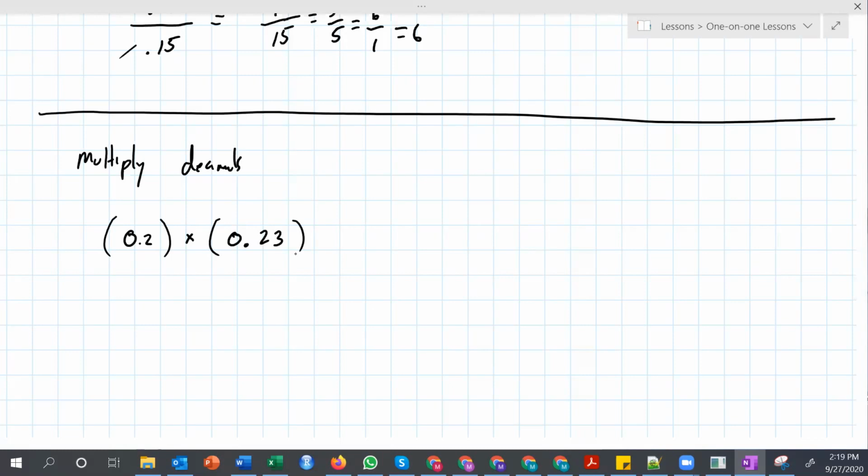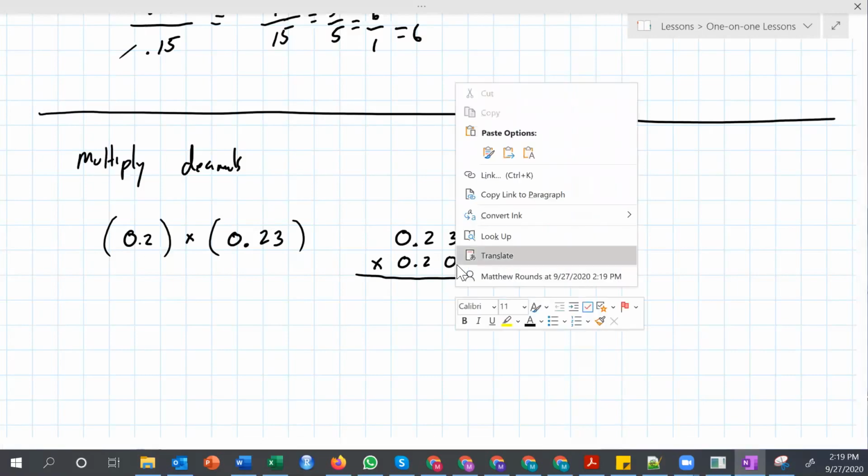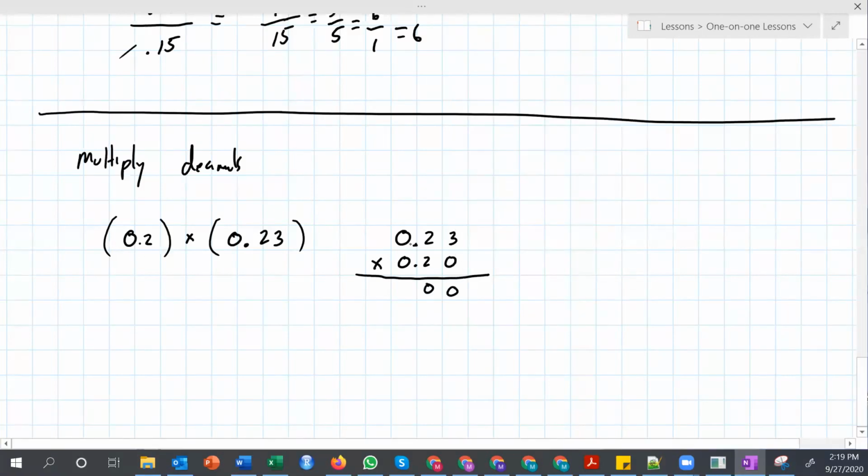Okay, so this is different than dividing decimals. You don't actually multiply by 100 or anything like that. What you do though, the traditional way, is to line them up here. So like 0.23 times 0.20. Have you seen this in class? Yeah, I think so. Okay, so that means you're going to multiply this 0 by this 3. That's 0. 0 times 2 is 0 again. 0 times 0 is 0. Then you indent one position.